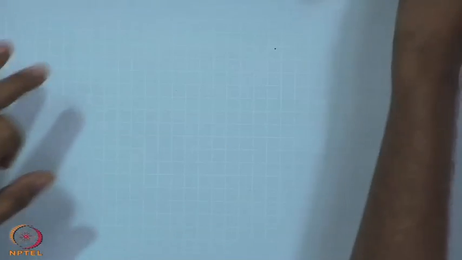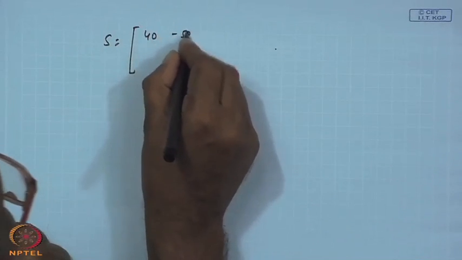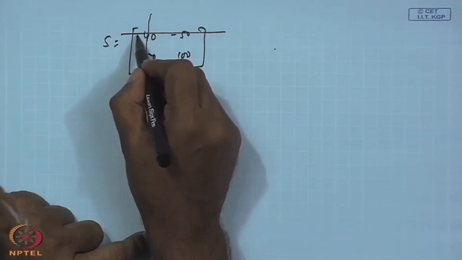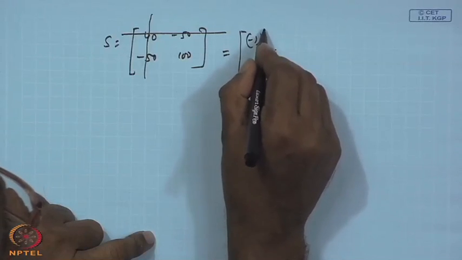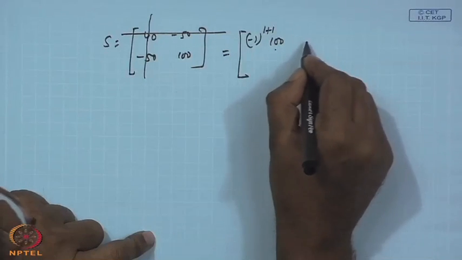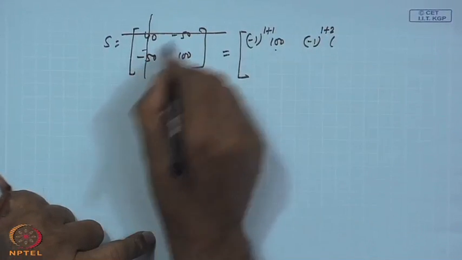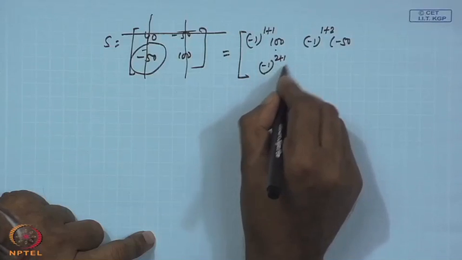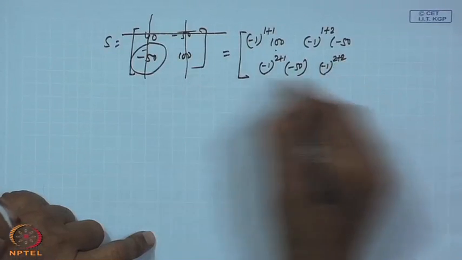Okay. Now, you see the transpose of the cofactor of S. So, S is 40, minus 50, minus 50 and 100. When you find the cofactor for a particular element, you have to cross out that particular row and column. So, you get minus 1 to the power 1 plus 1, and what is remaining is 100. In the same manner, you get minus 1 to the power 1 plus 2 for row 1 column 2, then what remains; minus 1 to the power 2 plus 1; and minus 1 to the power 2 plus 2, where the remaining portion will be 40.